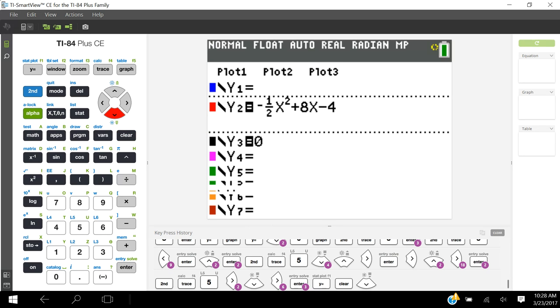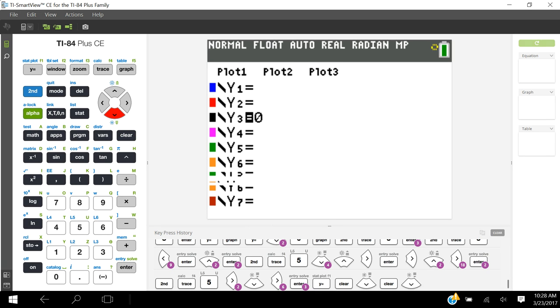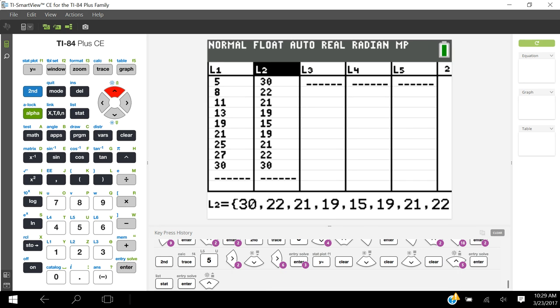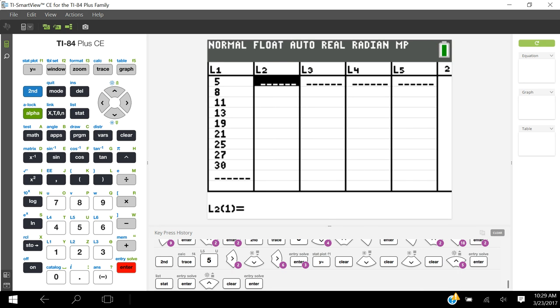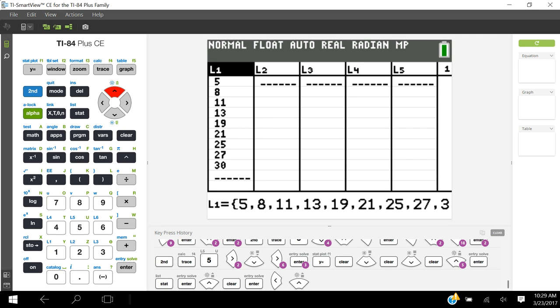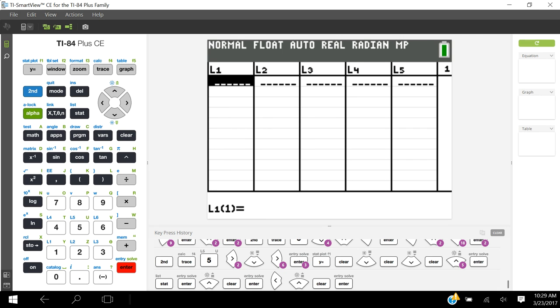Clear, clear, clear. I don't even need to turn my plot on, but I will. Stat, edit, clear, enter, clear, enter.